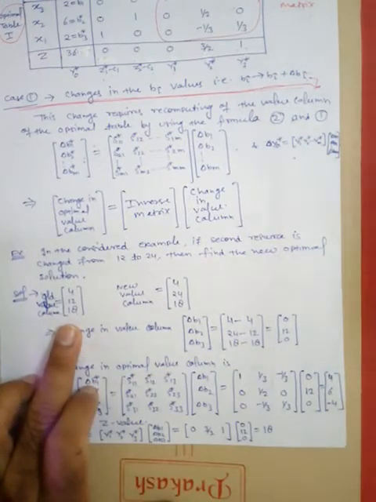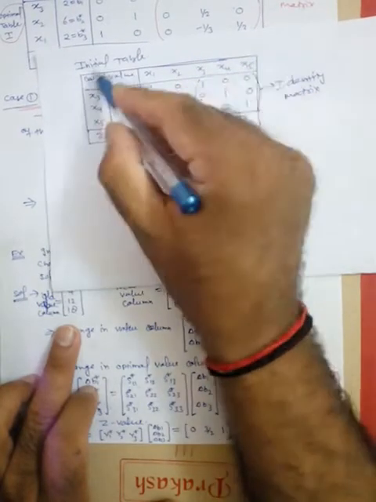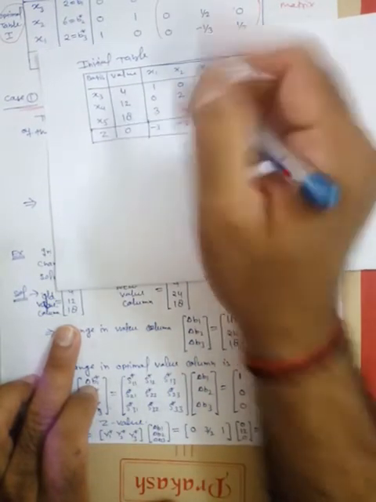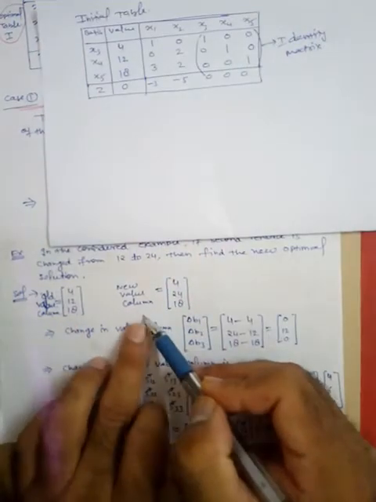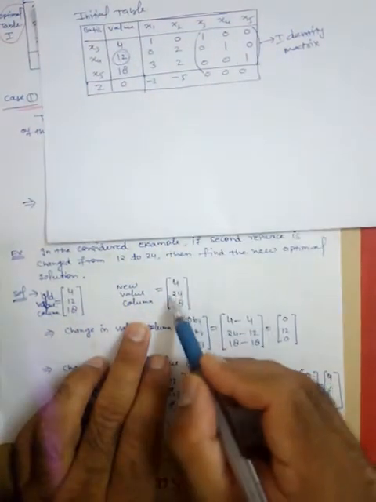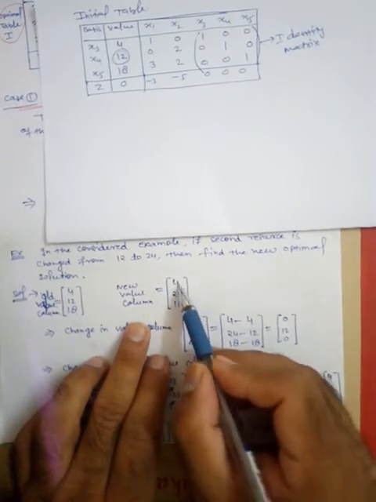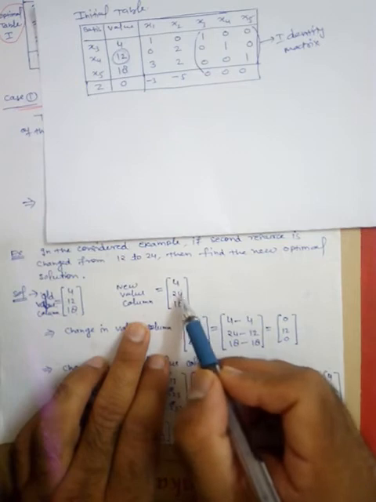In the initial table, the old values are 4, 12 and 18. The new values are 4, 24 and 18. So b1 and b3 are as they are, but b2 is now 24.